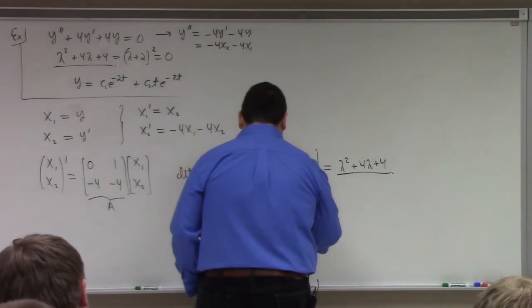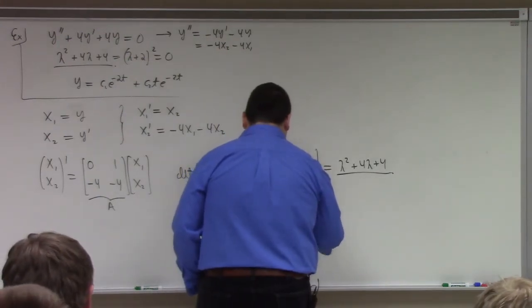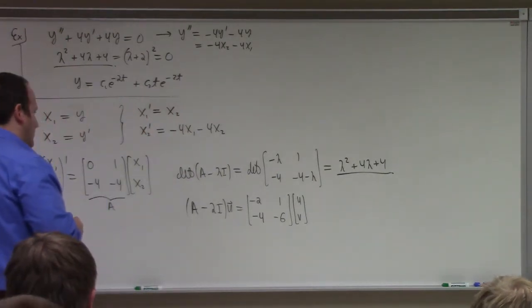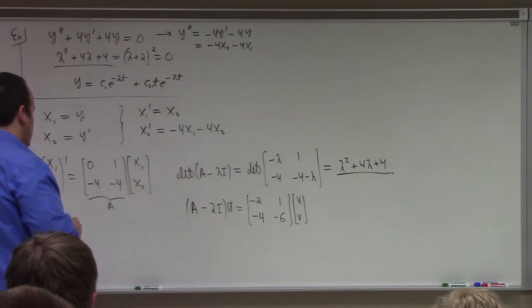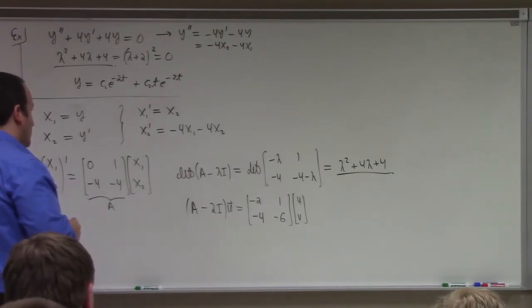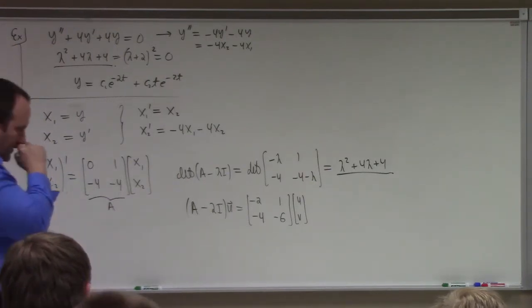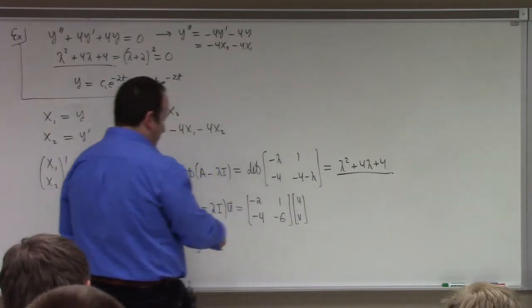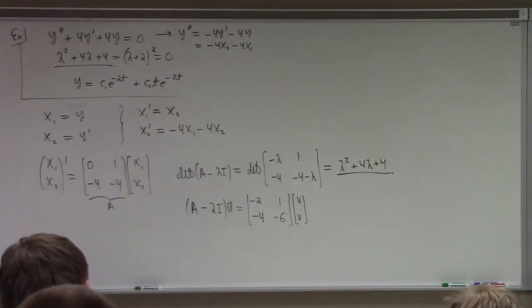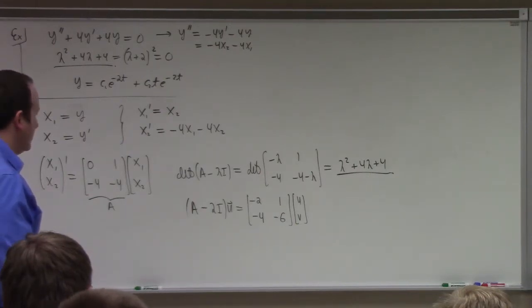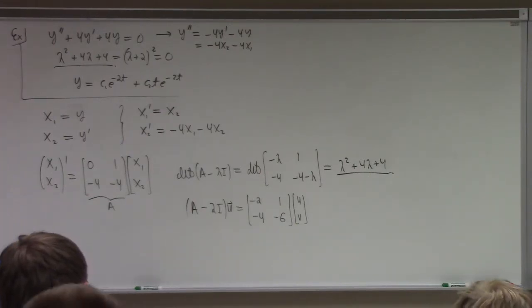Is that the same equation? Wait a minute, I think I made a mistake here. Where did I make it? This has determinant 12 plus 4, which is 16. That's invertible. There's a mistake.